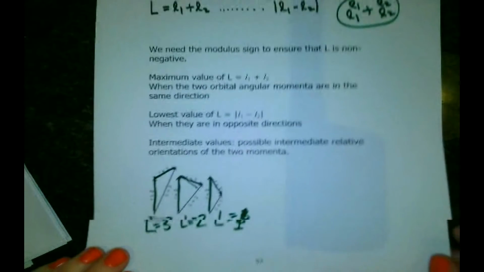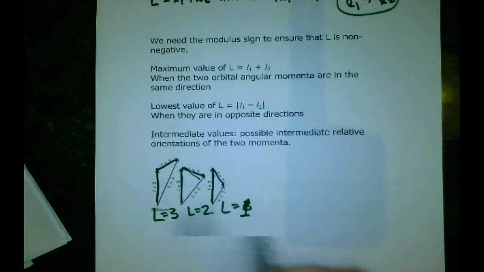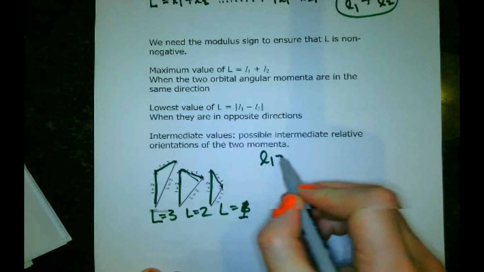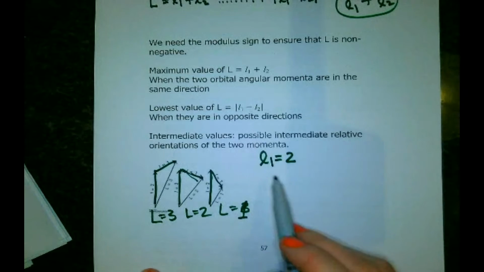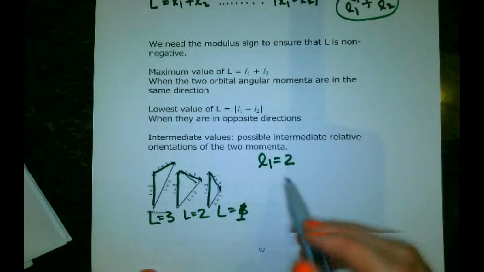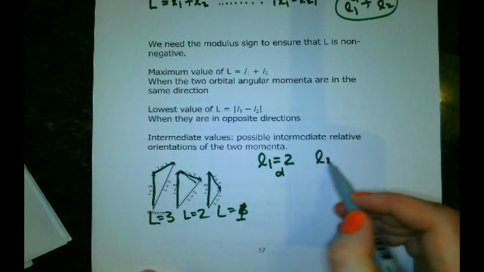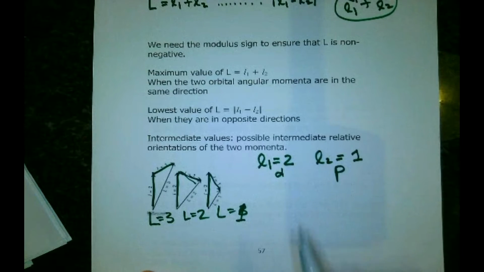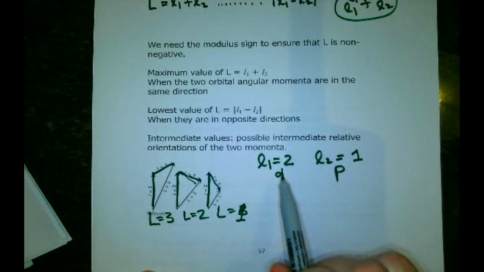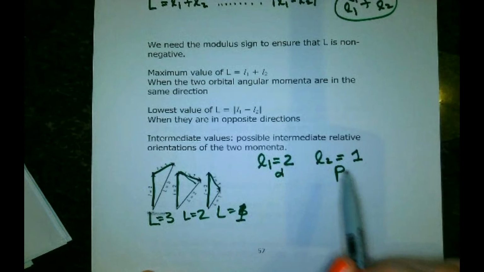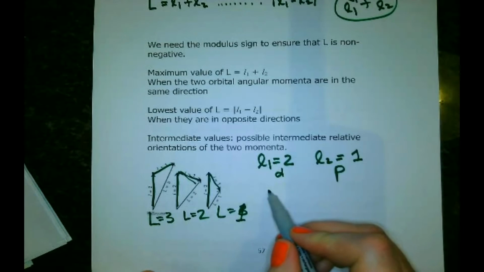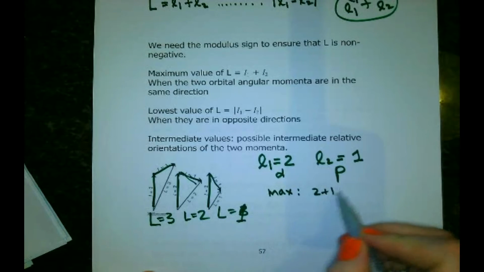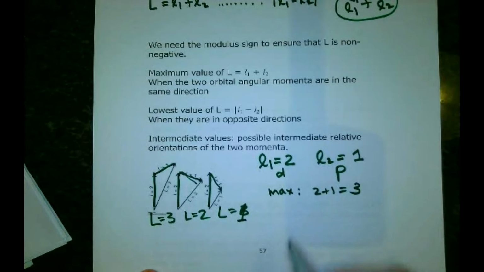So let's look at this example and see if we can get these values using the Clebsch-Gordan series. So let's say L1 is equal to 2, so that is a d electron, and L2 is equal to 1, so that is a p electron. So how does an electron in a d orbital and an electron in a p orbital interact? So the maximum of our Clebsch-Gordan series is 2 plus 1, which is 3.